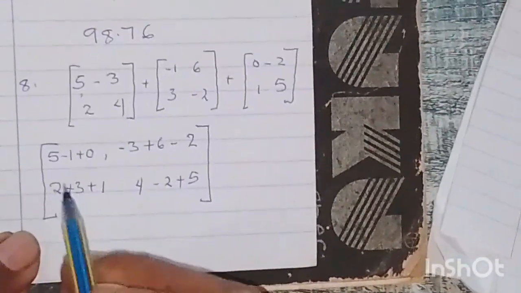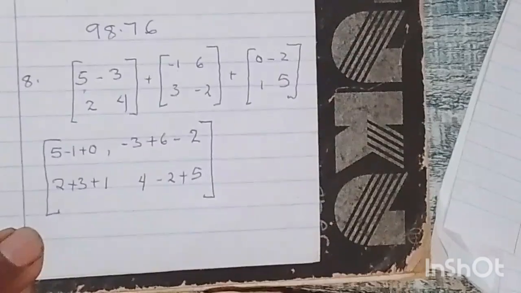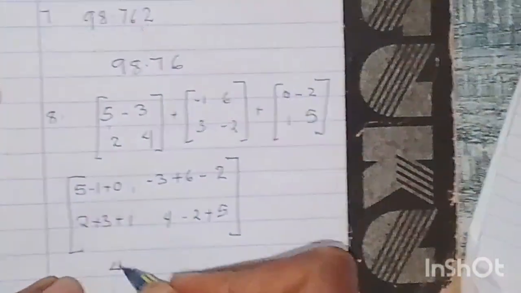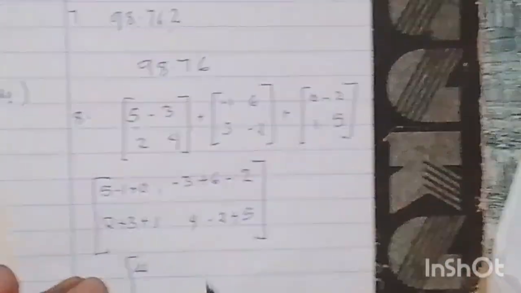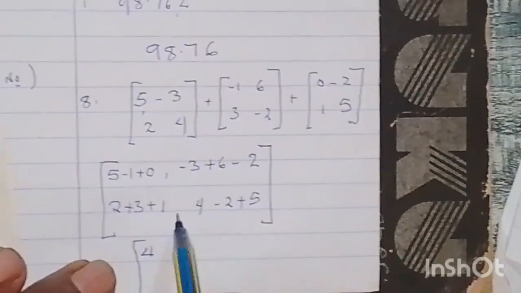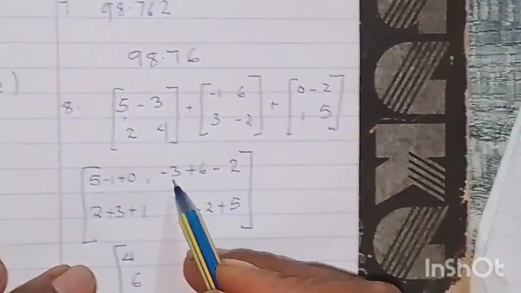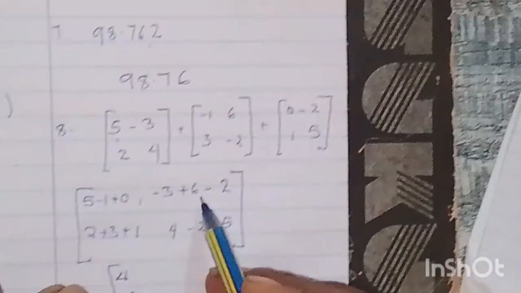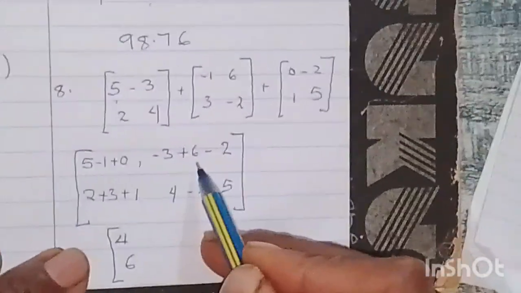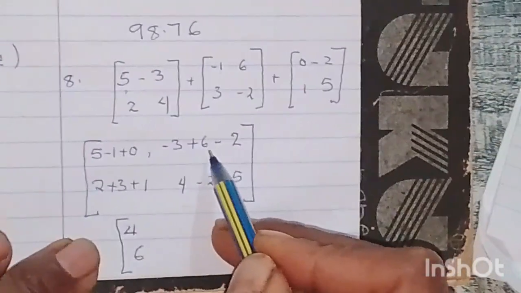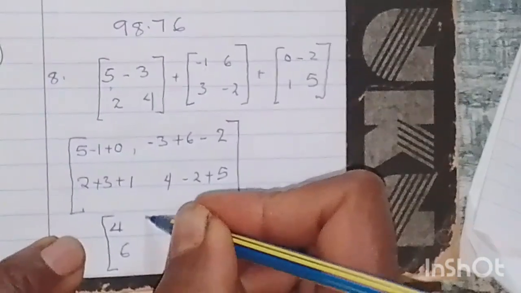Therefore, the answer shall be 5 minus 1. This becomes 4, like that. Then we put the matrices. 2 plus 3 plus 1 becomes 6. Then we put minus 3 plus 6, this becomes 3. 3 minus 2 becomes 1.